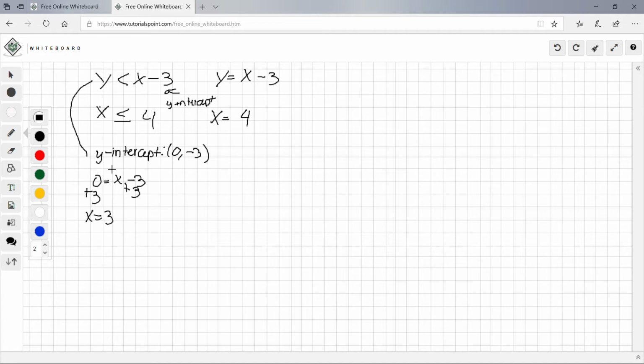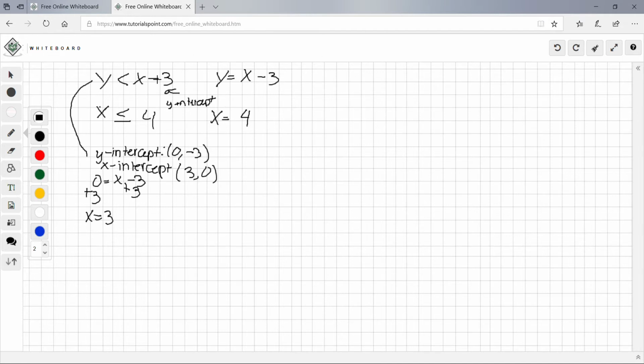So we know that the x-intercept is 3, 0. And then we know how to graph this one, right? It's just vertical, right? So now we can graph everything.